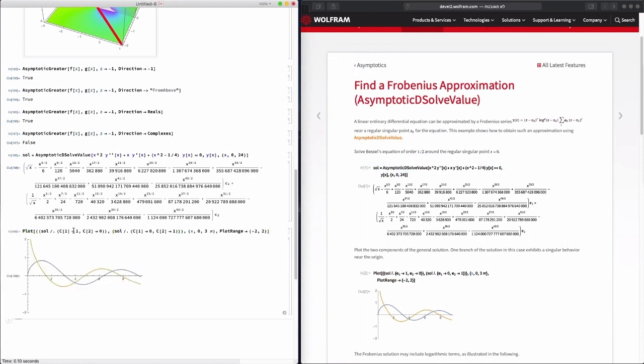If we look at our solution right here, we can see one of them is multiplying this whole first term with square root of x and other positive terms, and the other one multiplies this expression with the complementary multiples of 1/2 and starting at -1/2. So if we set C1 to 1 and C2 to 0, we'll get a nice finite solution. But if we do the reverse, we'll get something that blows up at the origin.